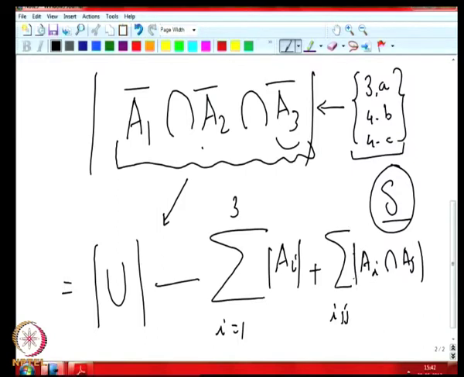There are 3 choose 2, namely 3 of them. So, we have to add it, and then finally minus, for every ijk, because there are only 3 of them, we have only one set here, namely A1 intersection A2 intersection A3, right.